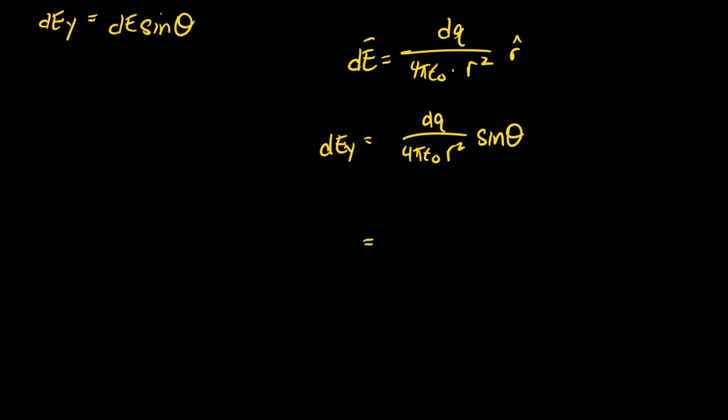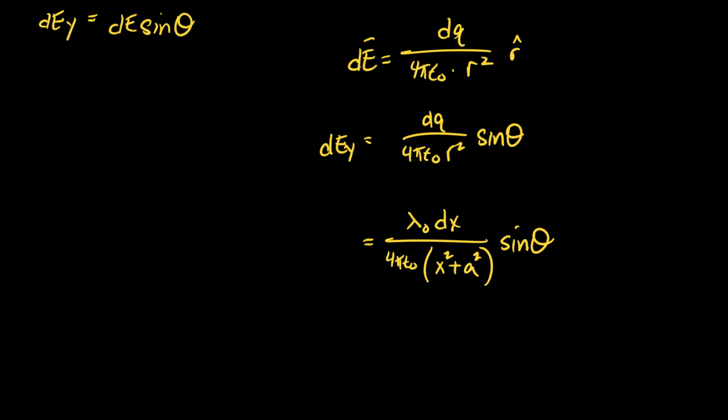Then dq is going to be lambda dx over 4 pi epsilon naught. R can be replaced with x squared plus a squared to the 1/2 power, but squared. So just that, sine theta. I either have to get this all in terms of theta or all in terms of x.